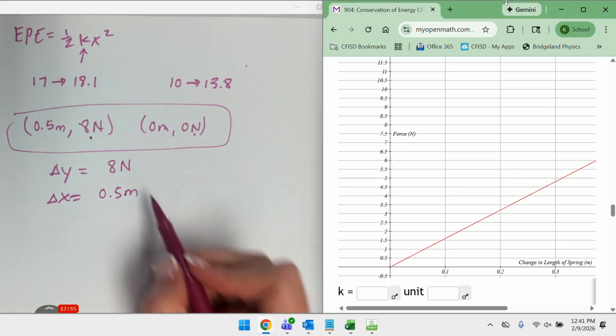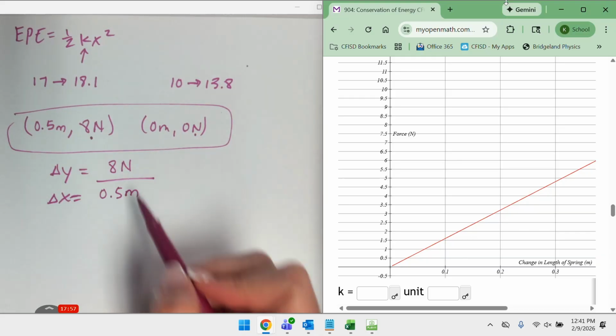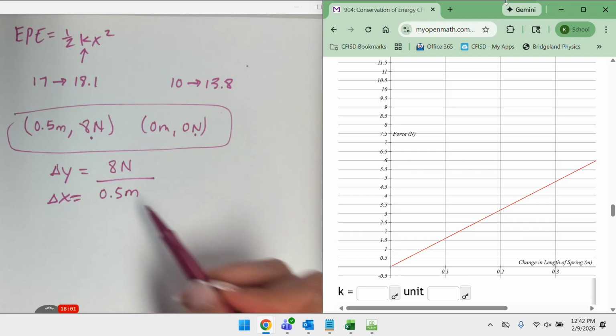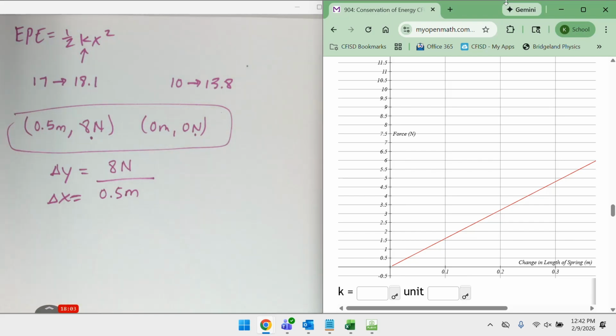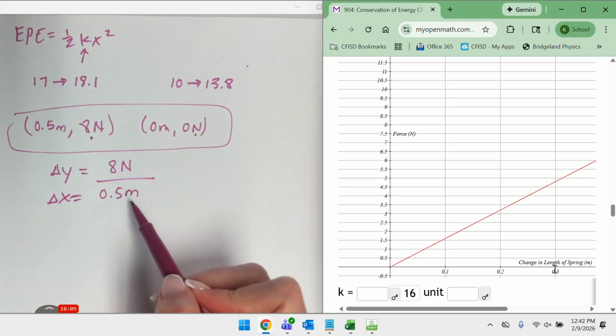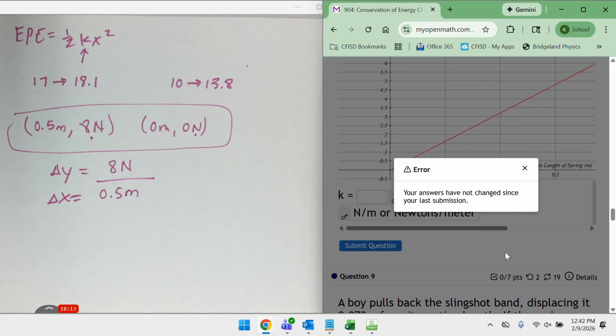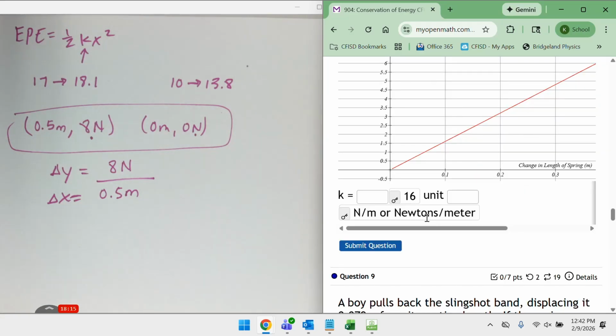Okay, and so then you would just do change in y over change in x, rise over run. 8 divided by 0.5, or 8 divided by half is the same thing as 8 times 2, should be 16. And it will be in units of newtons per meter because, again, those are the units that we have on the graph.